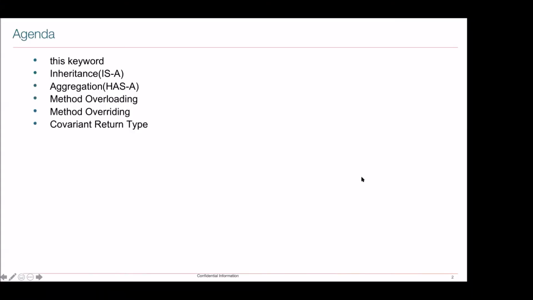Okay, the following topics and keywords which we are going to see and learn today are the use of this keyword, inheritance relationship, that is the is-a relationship, and aggregation, which we call the has-a relationship, and method overloading, method overriding. All these are OOPS concepts, and covariant return type. You may not use covariant return type very frequently, but just for understanding, I have written it here.